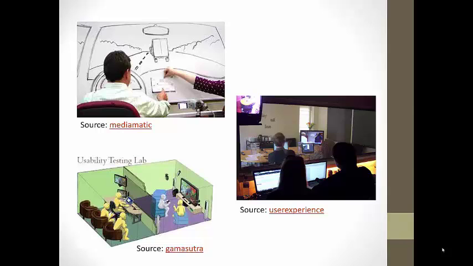And this one from Gamasutra is a similar thing also. You see the testers in the control center on the left-hand side, and you see two little kids playing on an Xbox or something on the right-hand side where the camera's on their faces and they're recording what they do.